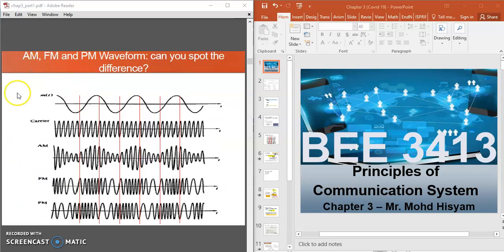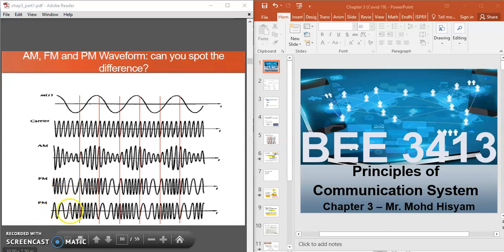Now this is the comparison of the signals. We have the information signal and the carrier, but you see the difference between AM, FM, and PM. Here we play in terms of amplitude. Here we play in terms of frequency, narrow and wide.